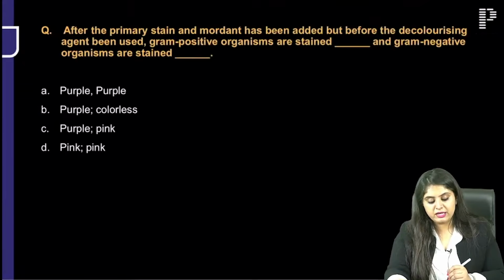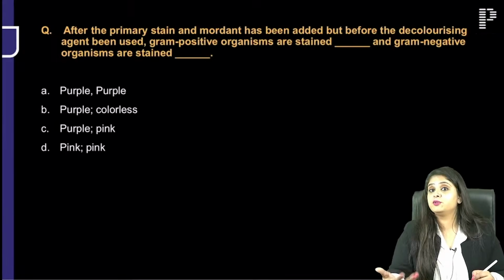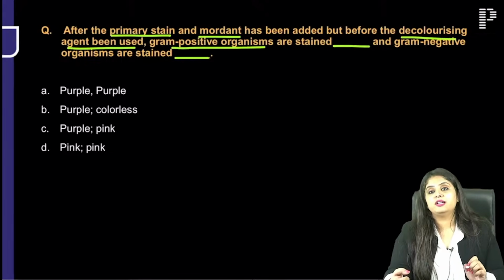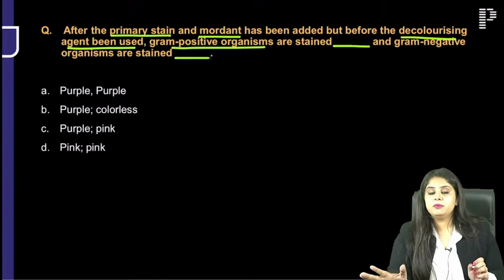See, very good. Let's do another one. This is what I'm watching out for, if you can answer this. After the primary stain and the mordant has been added, but before the decolorizing agent has been used, gram-positive organisms are dash and gram-negative organisms are dash. Not giving you any hint. I want you to answer first. Purple purple or purple colorless or purple pink or pink pink.